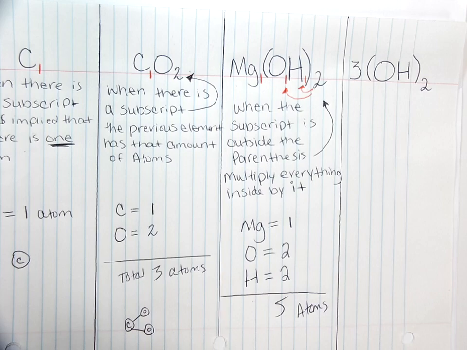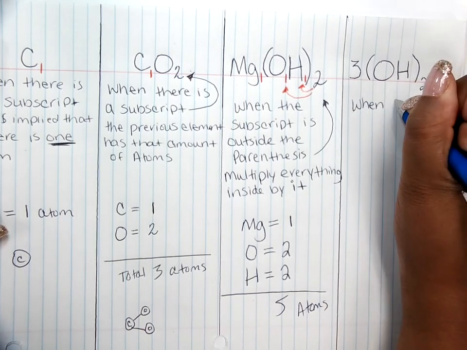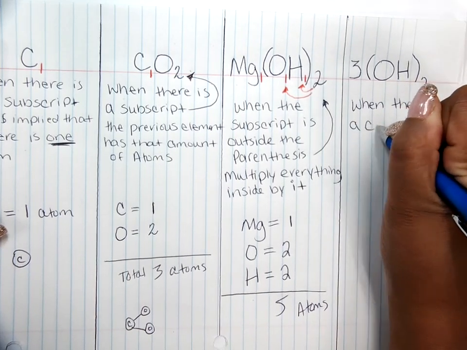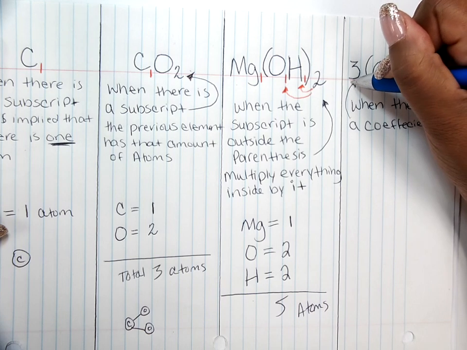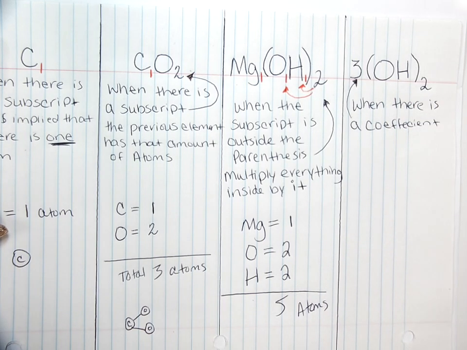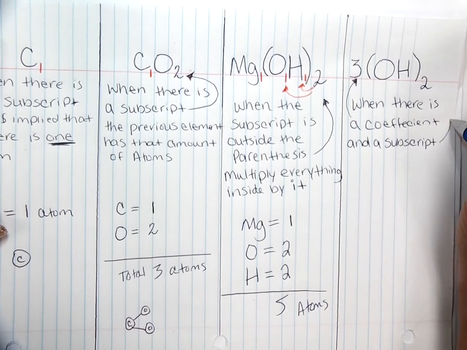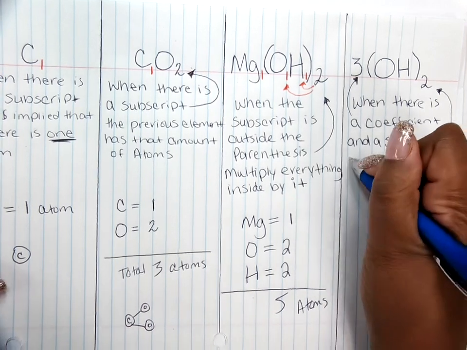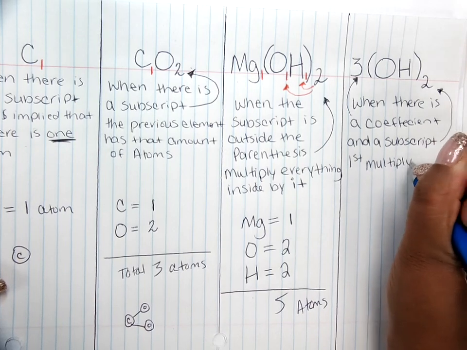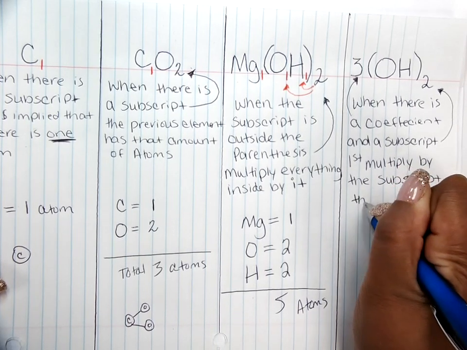With coefficients, my notes say when there's a coefficient, which is that big number, and a subscript, which is the little number, you're going to do the subscript first and then the coefficient.